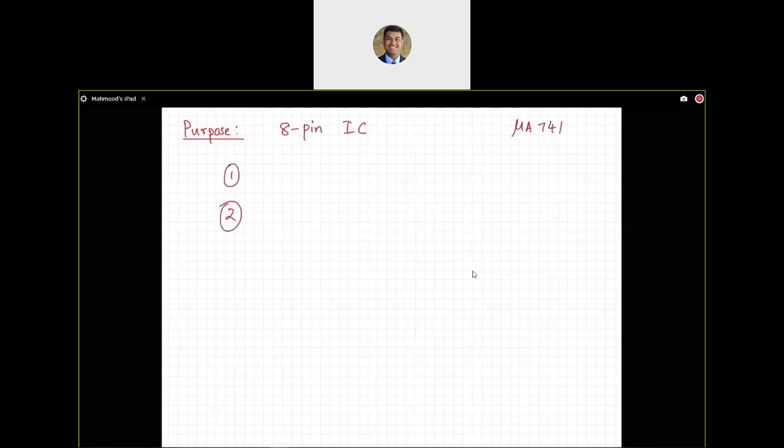So the first configuration that we are going to talk about in experiment 7 is the astable configuration or astable mode. And the other one that we are going to explore in project 3 is the monostable mode.